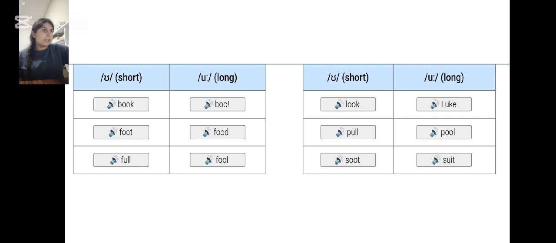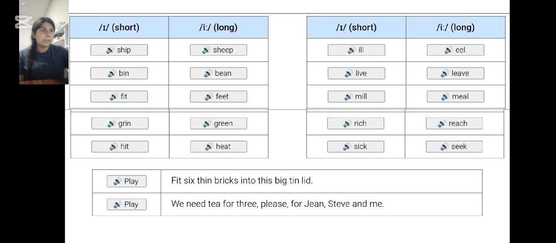And then again, short and long: look and look, pull and pull, suit and suit. We must be really careful when we are pronouncing them. And then there are some other examples. You can try to pronounce them in your own way and then let me know how it was.